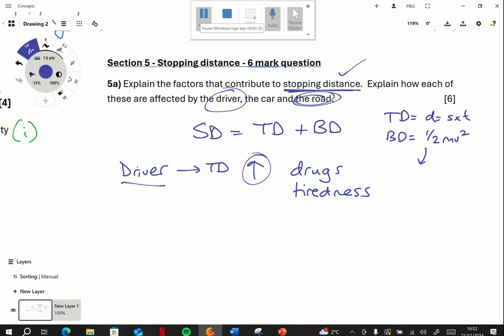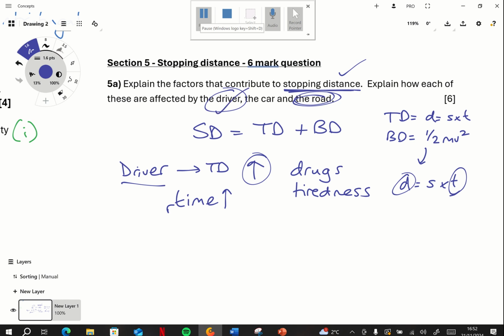So the driver, their reaction time. So I'm going to write their reaction time is a big factor in this. And if they're on drugs, if they're tired, their reaction time will increase and the thinking distance will increase because distance equals speed times time. So if this bit goes up, that bit goes up. So we've done that part.